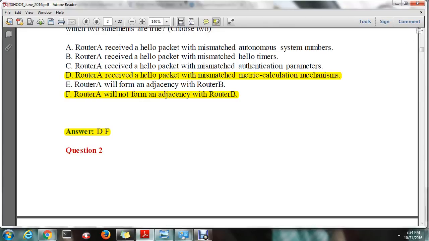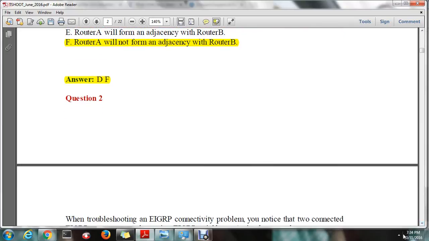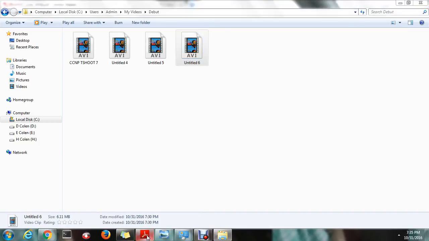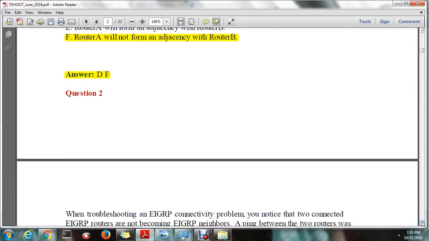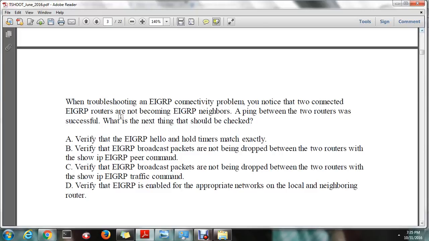Right, so we are moving to the second question. When troubleshooting an EHRP connectivity problem, you notice that two connected EHRP routers are not becoming EHRP neighbors.